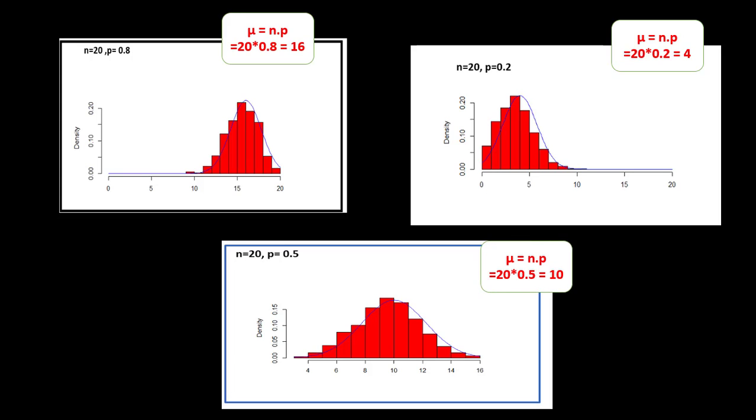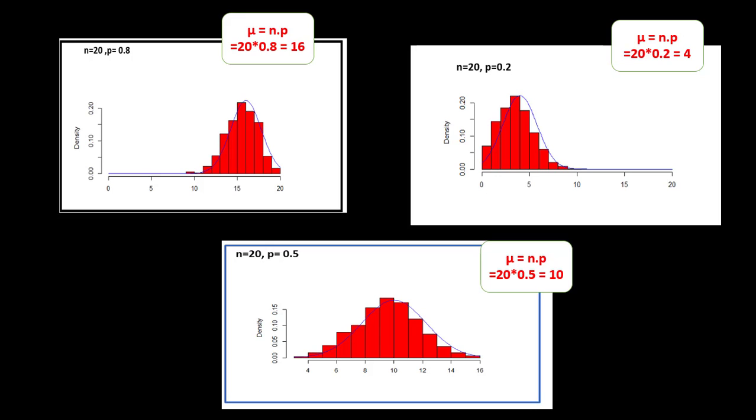Coming back to the first curve when p is equal to 0.8, since the mean value is 16, the shape of the graph must be of such a nature that the long term expected outcome of the number of successes must be close to 16. So here we can see from the first curve that the mean of the curve is close to 16.